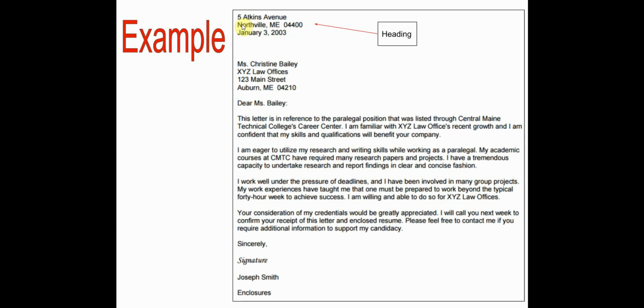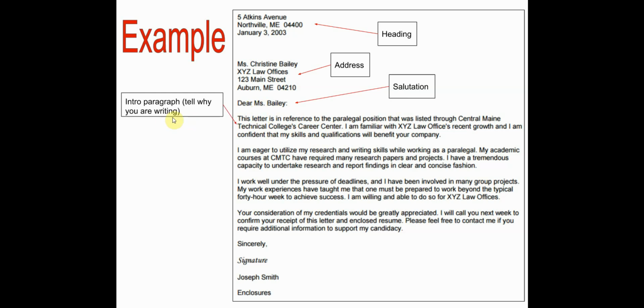The first one is the header, and the header will have your address and the date. Then the address of the place you're mailing it, along with their name at the top. The salutation, you see here it says, "Dear Miss Bailey." And then if you remember back in the notes, the opening paragraph would tell you why you're writing this. Here it says, "This letter is in reference to the paralegal position that was listed through Central Maine Technical College Career Center.